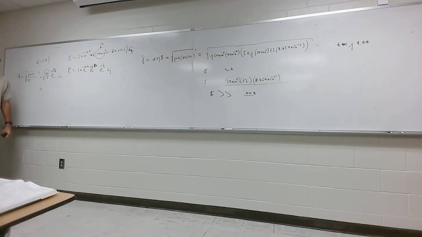Alright, and look, this is a common problem. Engineers, it just doesn't ring sometimes in your mind. If I have e to the j pi over 2, that is j. You all agree with that? How many see that right there? That is the definition of j. Well, if I take the square root of this, it's the square root of j. Anything you take the square root of, you just multiply the exponent by 1/2, correct, class?